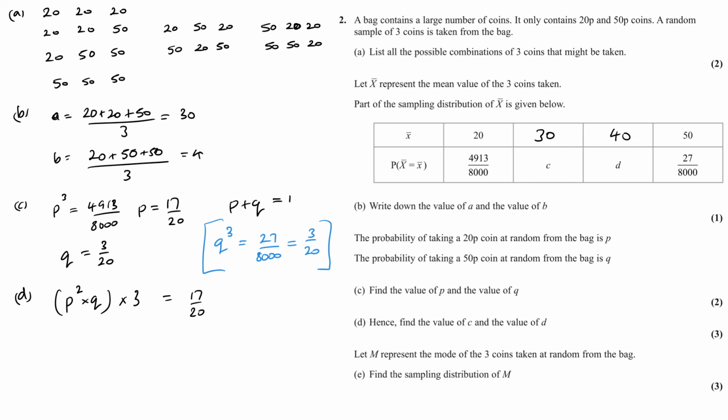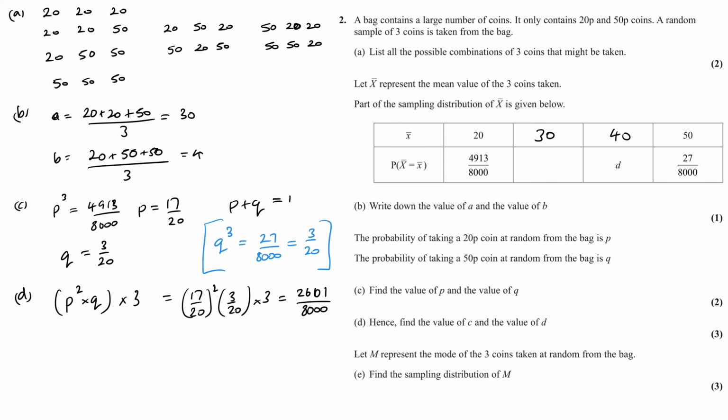Okay, so 17 over 20 squared times 3 over 20 times 3. So just popping that into my calculator. 17 over 20 squared times 3 over 20 times 3. So we get 2601 over 8,000.